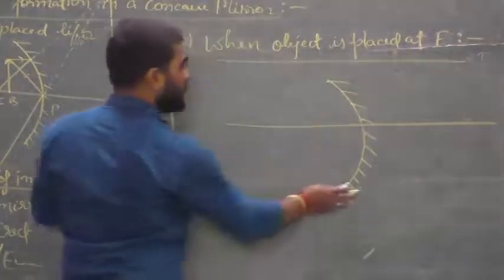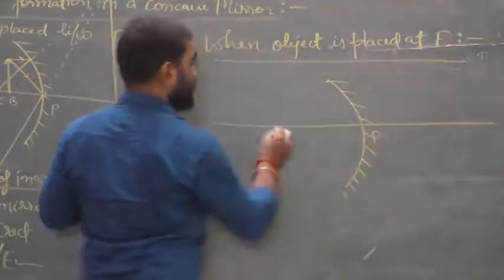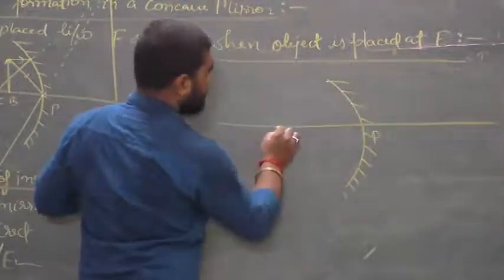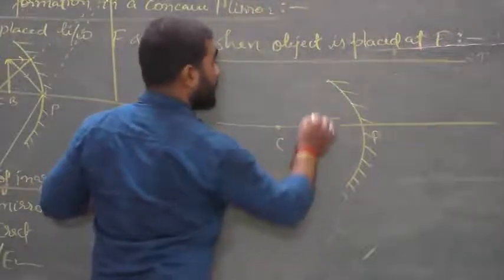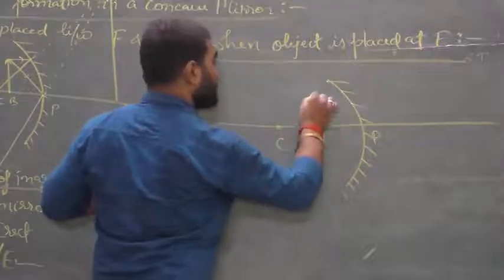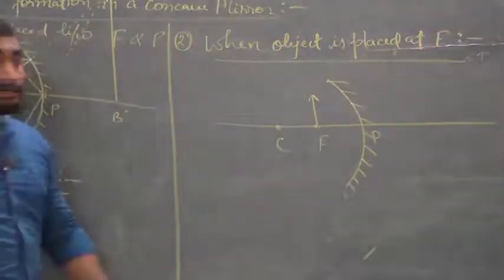This is our concave mirror, this is the pole, this must be the center of curvature, and this will be the focus. When the object is placed here, then where is the image formed?